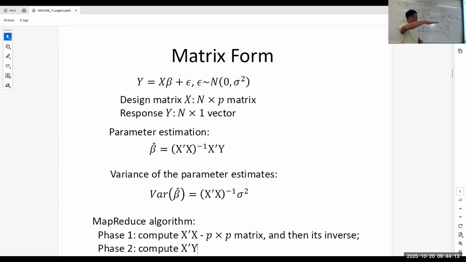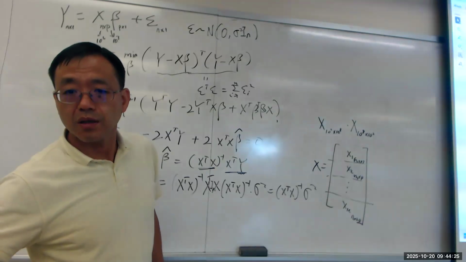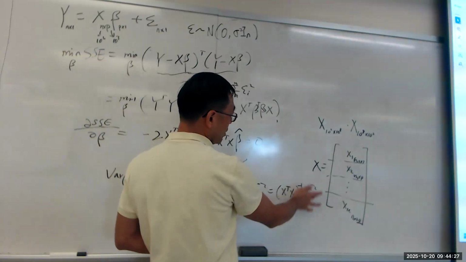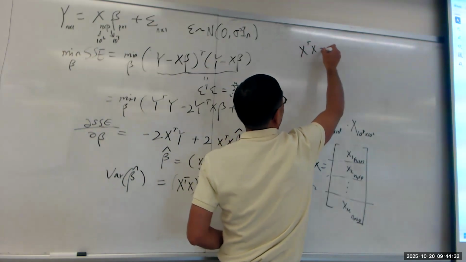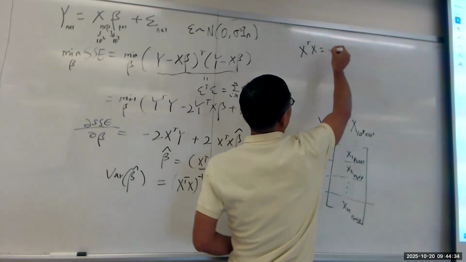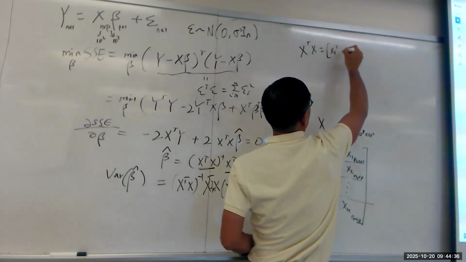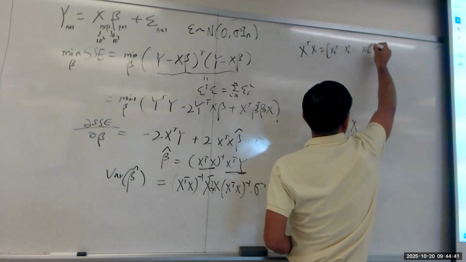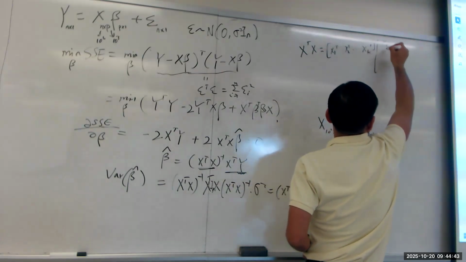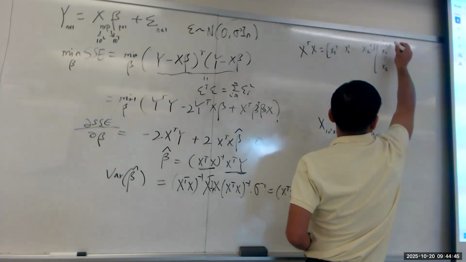If you slice X into these segments, then you have X transpose X. Essentially, this becomes X1 transpose, X2 transpose, up to XK transpose, multiplied by X1, X2, up to XK.